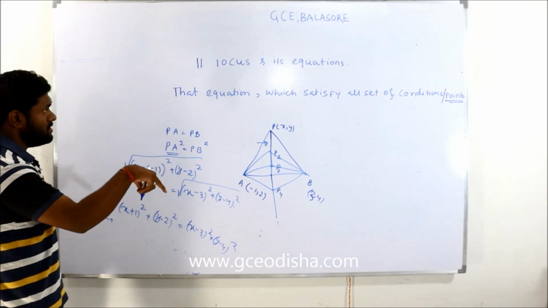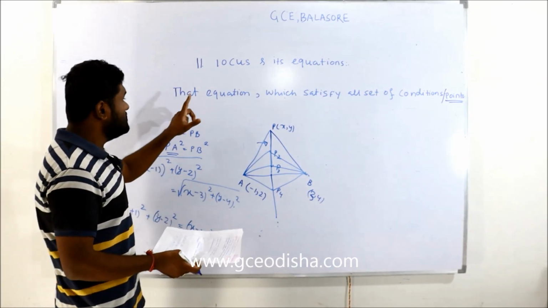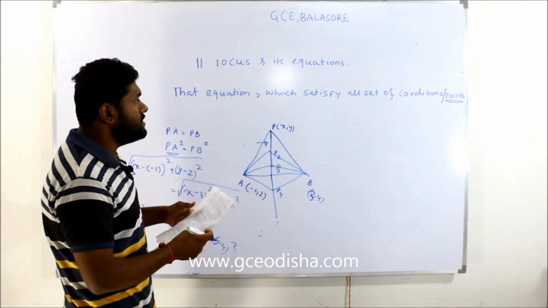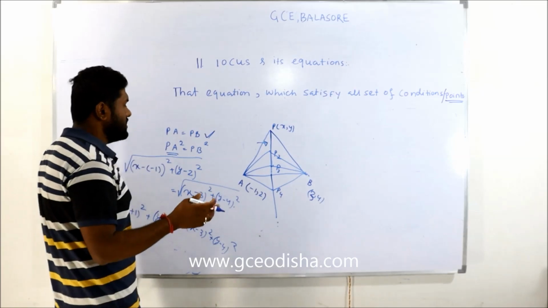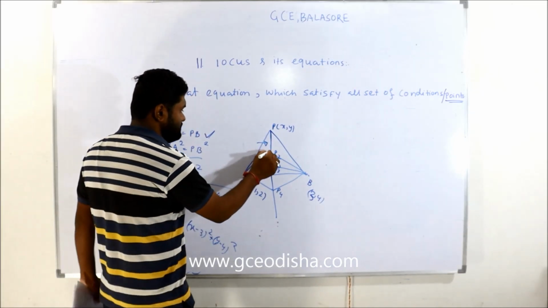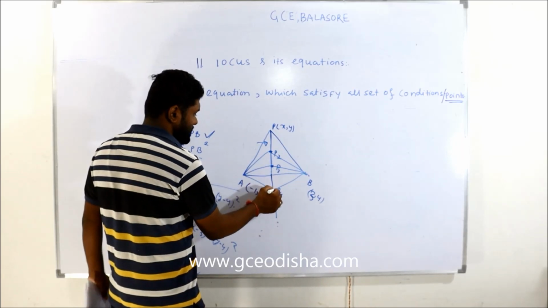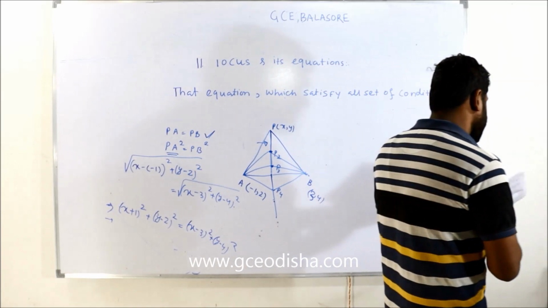This is the locus of the line. That's why this equation satisfies all sets of conditions of points. This is the condition. In other cases we may give different conditions and a set of points, and that is called locus and its equations.